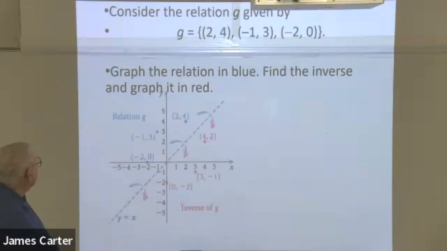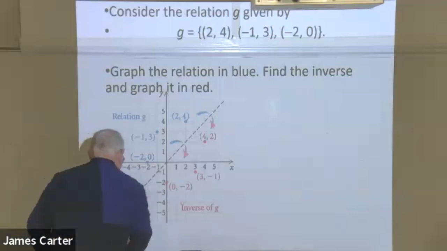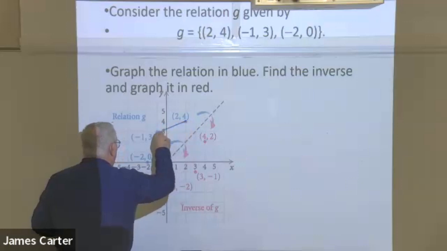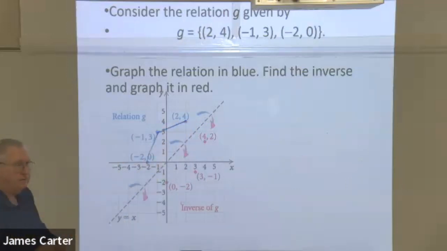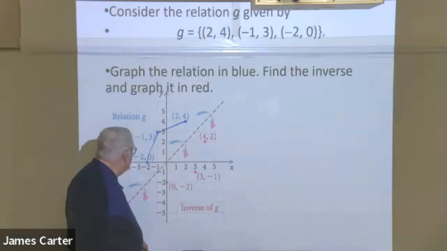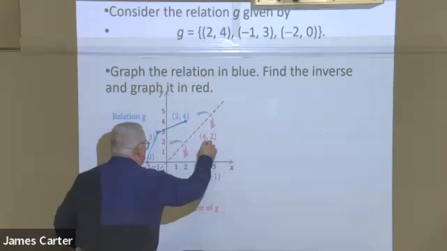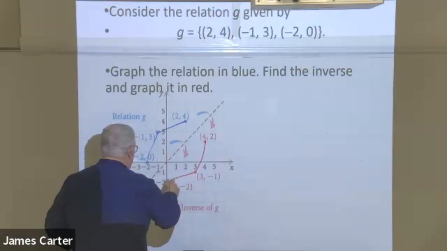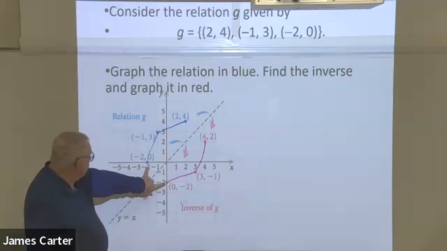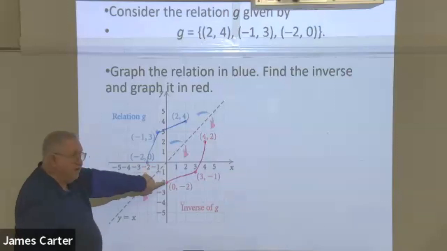Okay, so here are the points up here in blue. To make this more obvious, I'm going to play dot-to-dot puzzle. Okay, this is going to make it a little more obvious. Notice here, the x and y values interchange.